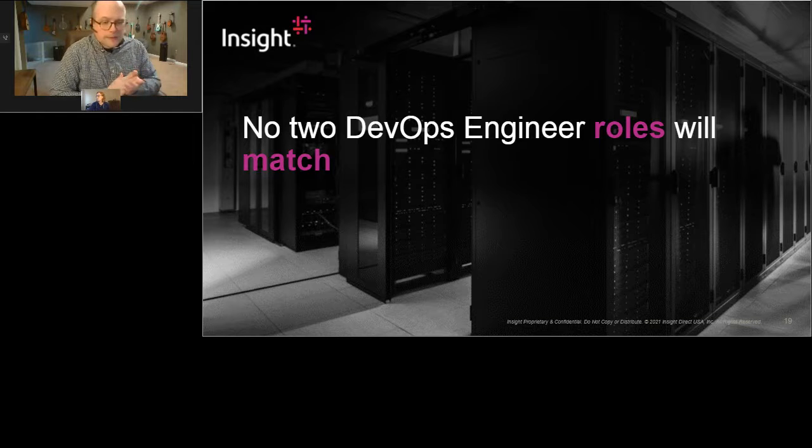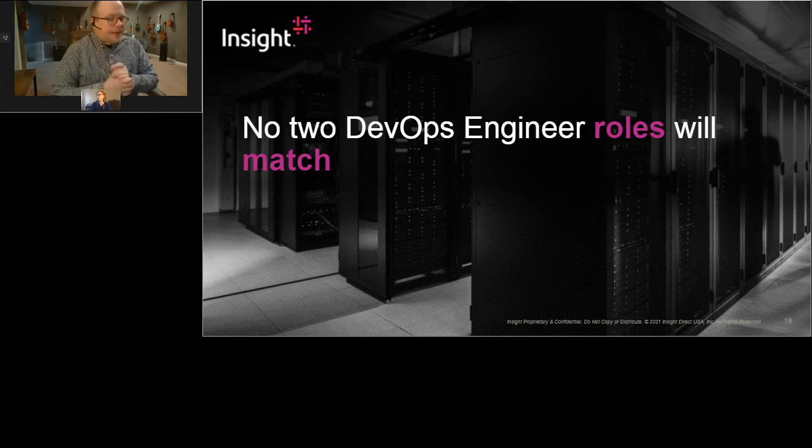Sometimes you might need somebody who's more of an infrastructure person who can understand how to sling subnets and set up firewalls. Sometimes you might need somebody who's a little more security oriented or more of a sysadmin. It could be anything, and there's really no wrong answer.